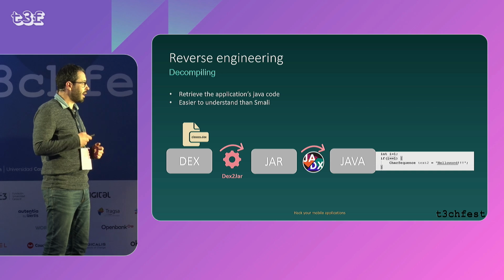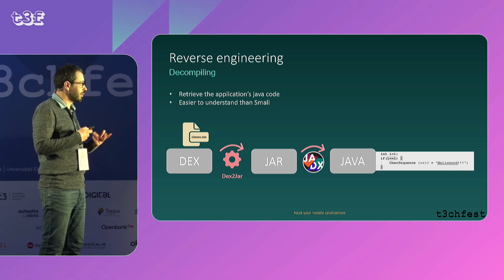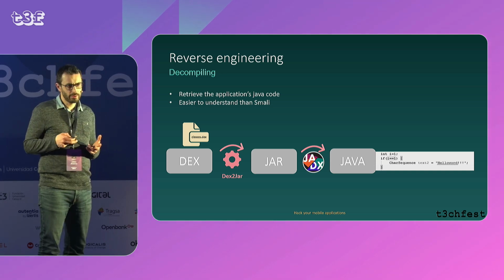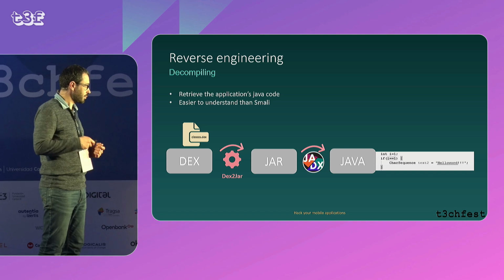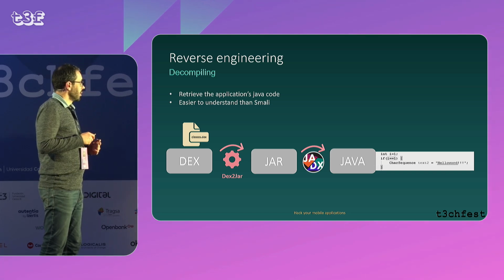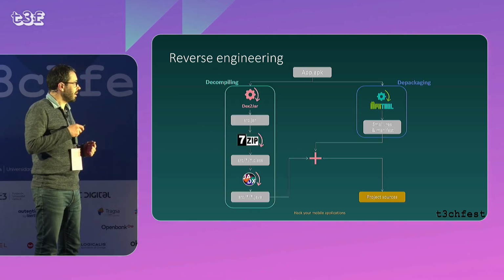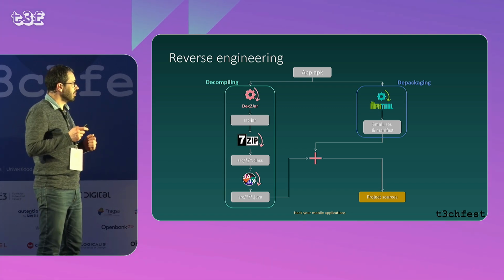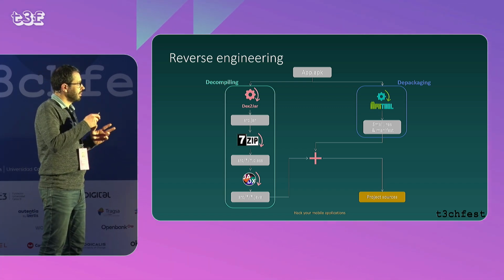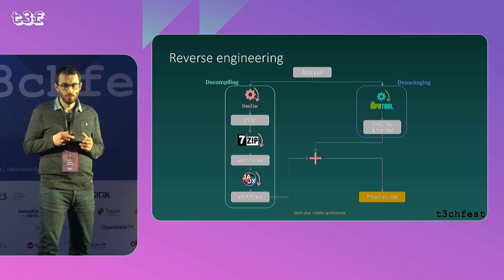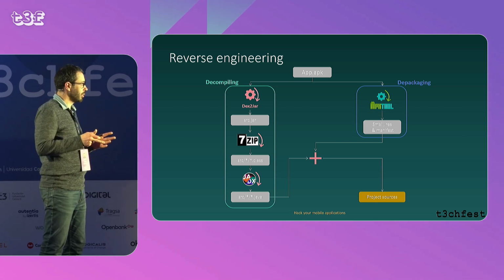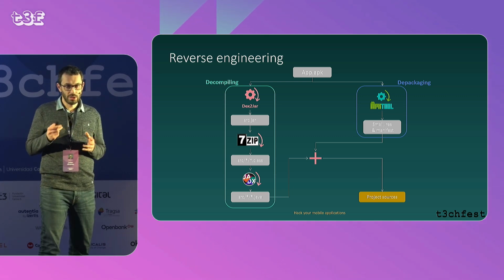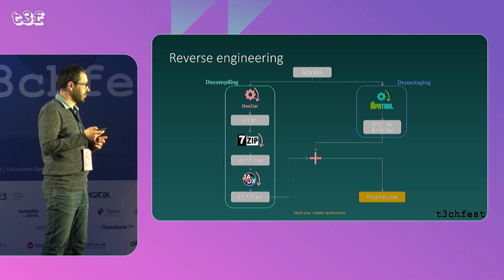So here it will be easy to understand, to reverse my application. So to summarize, I have my APK, my application. I will decompile it and unpackage it to have some source code, some resources like images, configuration files, etc.